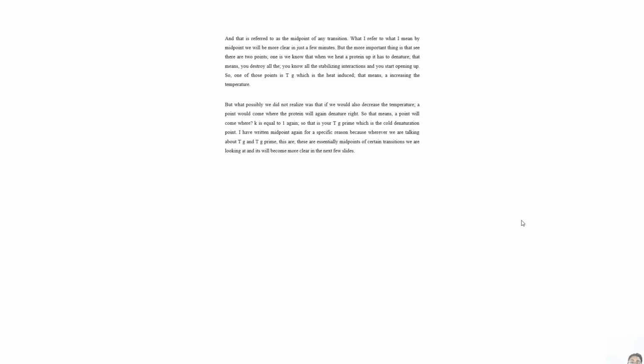That means increasing the temperature. But what possibly we did not realize was that if you also decrease the temperature, a point would come where the protein will again denature, right? So a point will come where K will be equal to 1 again. That is your Tg prime, which is the cold denaturation point.